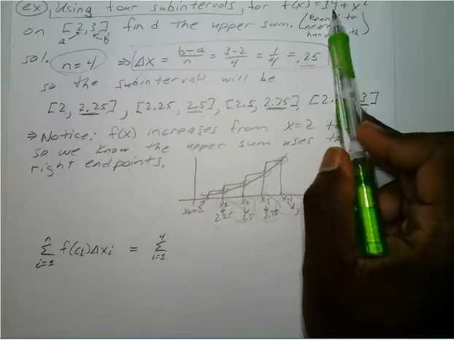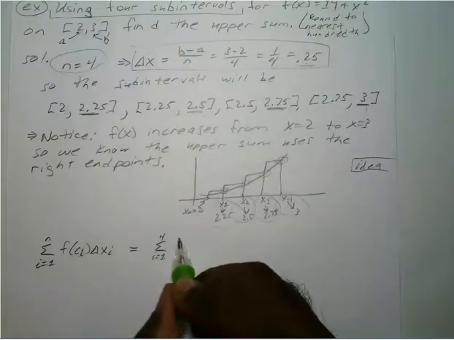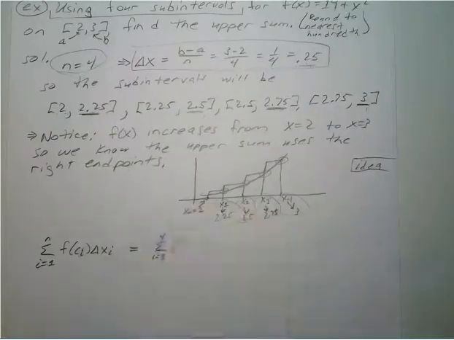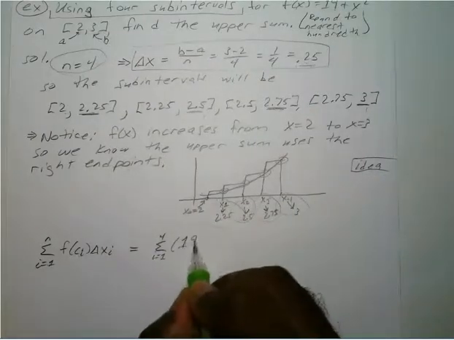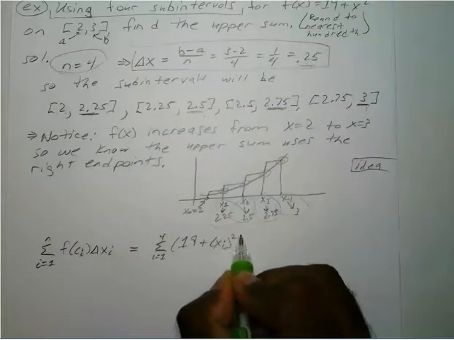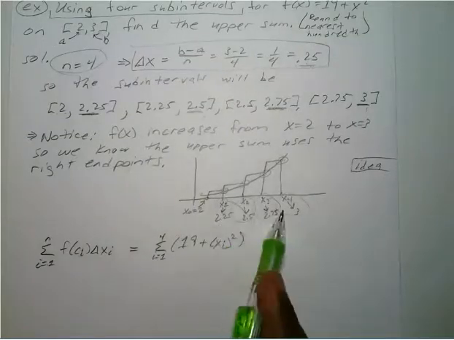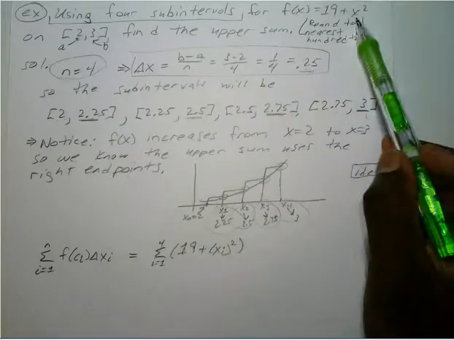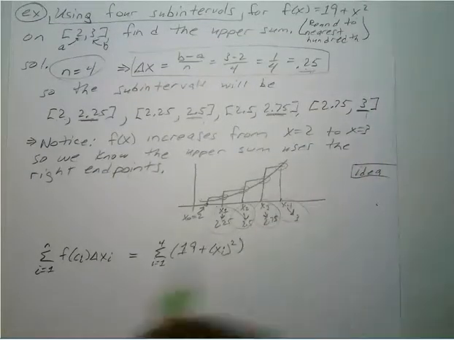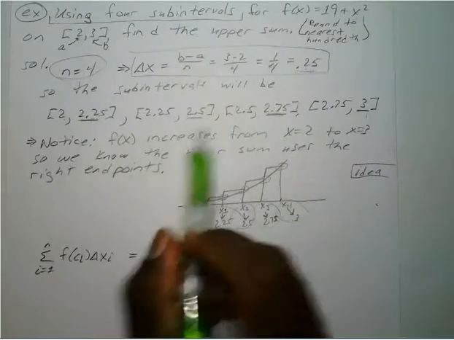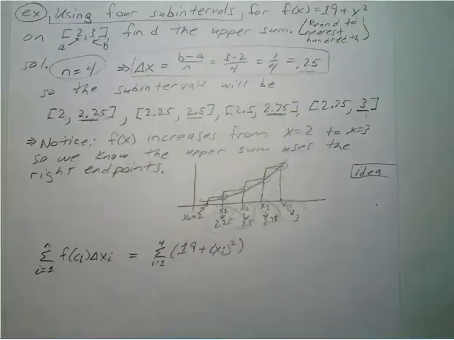So our f of x sub i is going to be 19 plus x sub i squared. You could make those c sub i if you wanted to, but just to keep it close to our original function, I just made it x sub i. And our delta x sub i is 0.25 because we already figured that out.